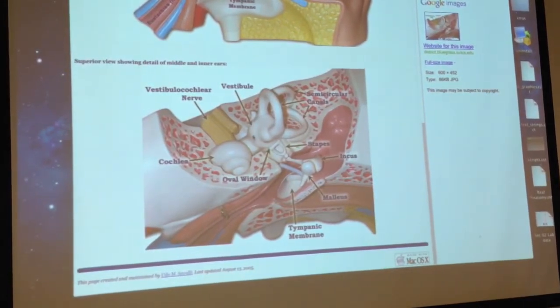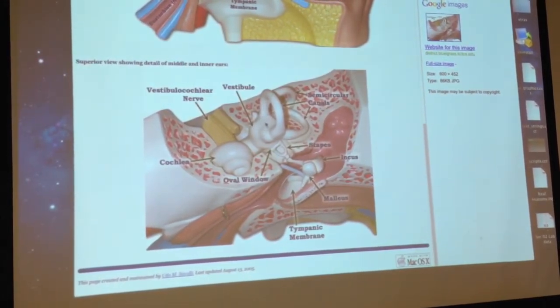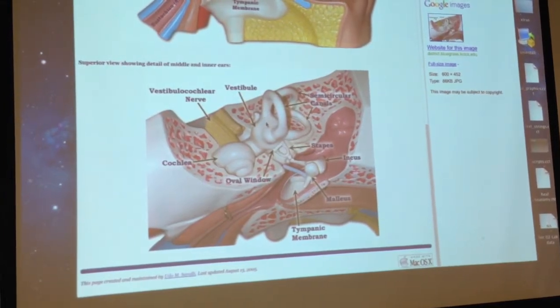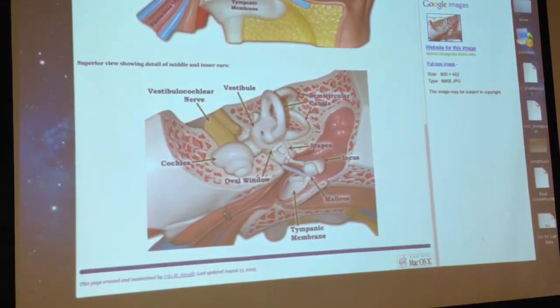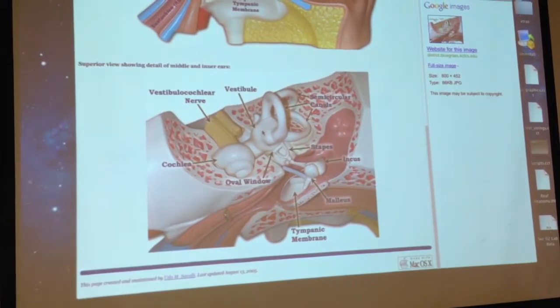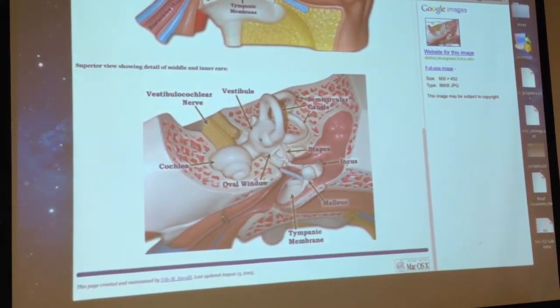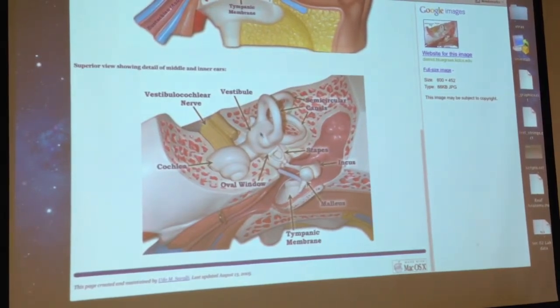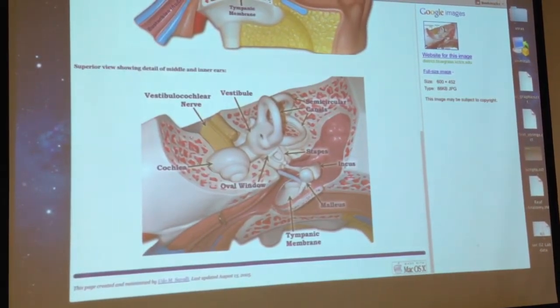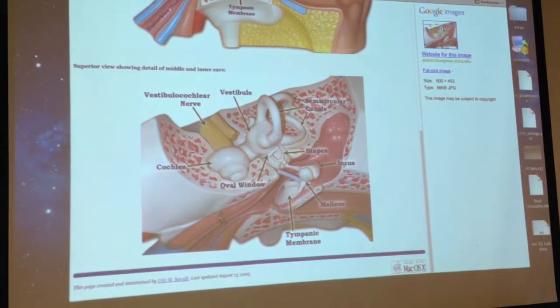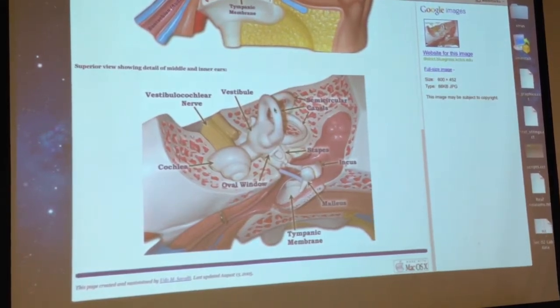There's a lower bump closer to the cochlea and a higher bump closer to the semicircular canals. It's not as well defined on these models, but you'll be able to tell on the inner ear model where I'm talking about, okay? But just know that basically this big round structure here that the semicircular canals connect to, that's the vestibule.